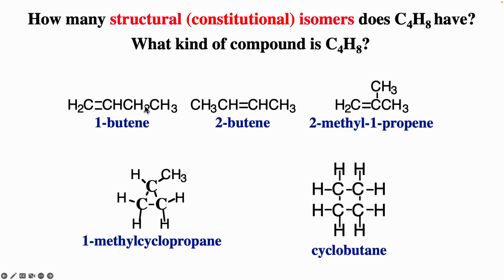Or you could have a double bond and then one of the methyl groups. Now for a cyclic group, we could have a cyclopropane. This isn't going to be very stable because that bond angle is 60 degrees, but still it's a possible structure. Or you could have cyclobutane. But all 5 of these structures have exactly the same set of atoms.